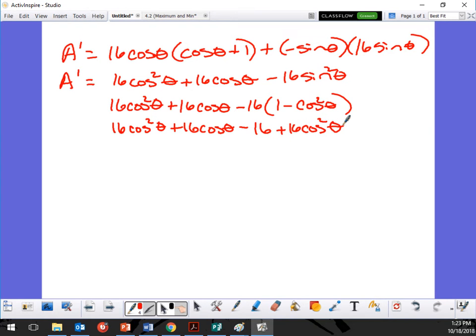All right, so now combine like terms and put them all together. Before I factor, I'm going to combine first. So I'm going to get 32 cosine squared theta plus 16 cosine theta minus 16.